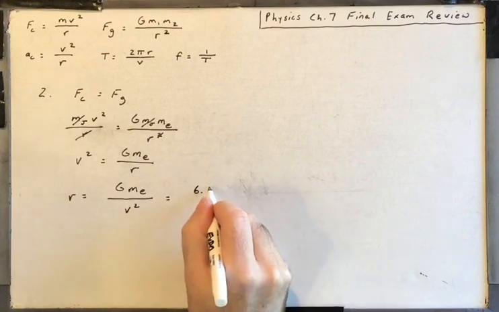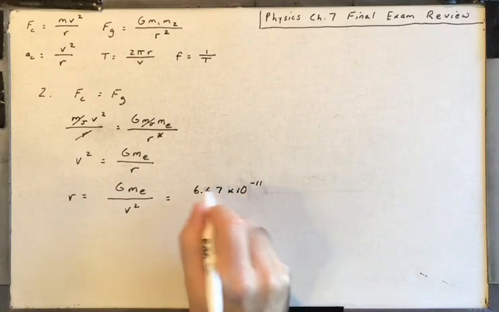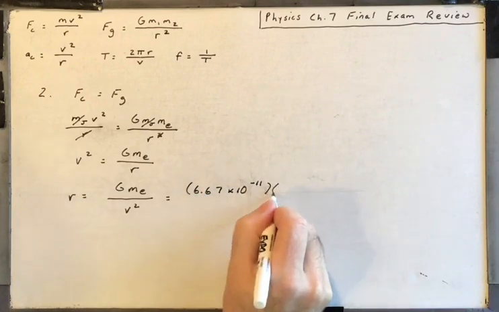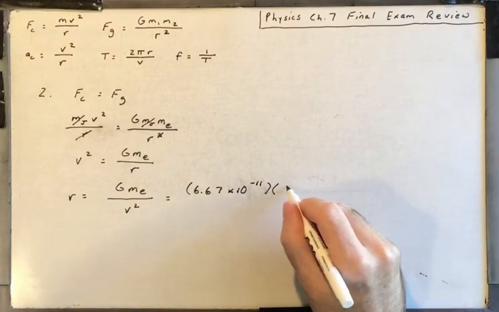So you don't have to memorize 6.67 times 10 to the minus 11. That's G, but you might remember it. The mass of the Earth is 5.98 times 10 to the 24th.